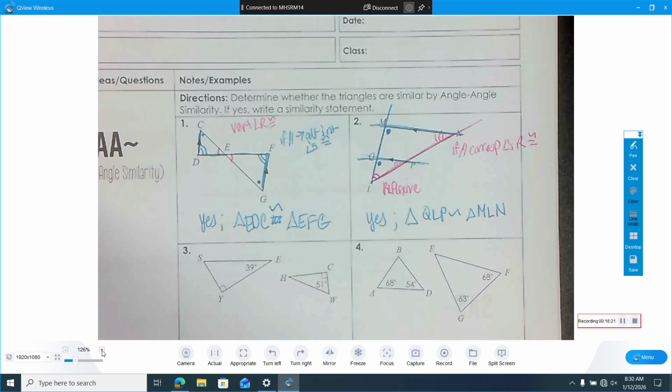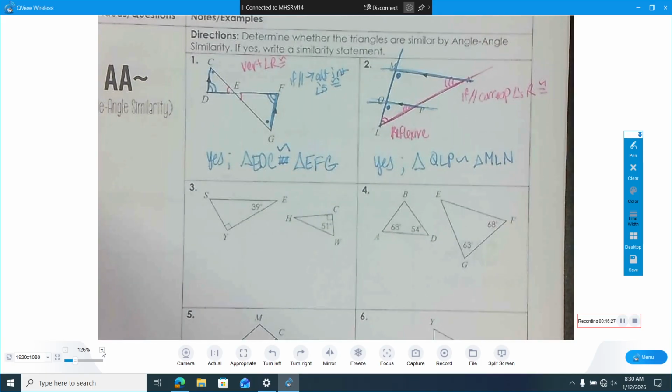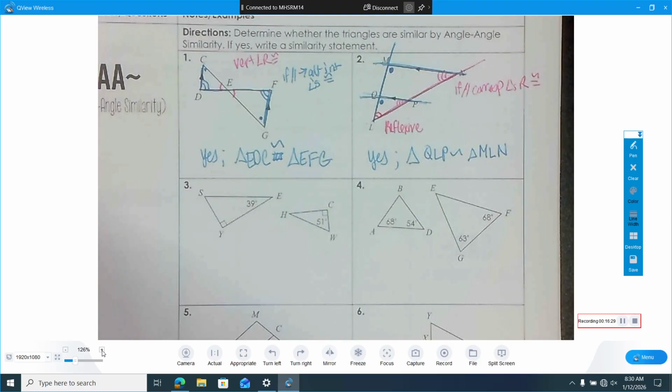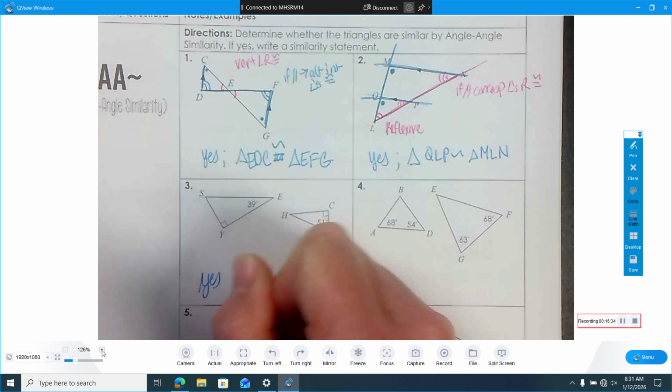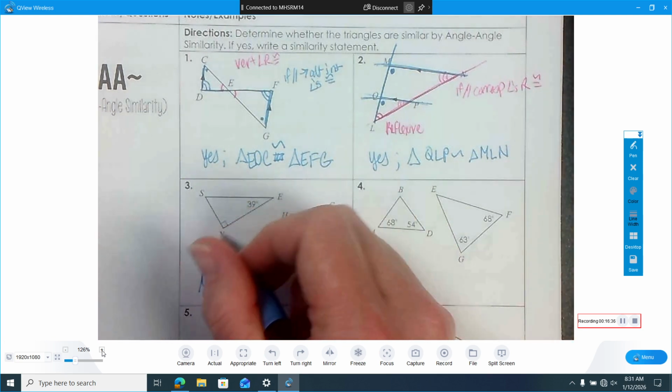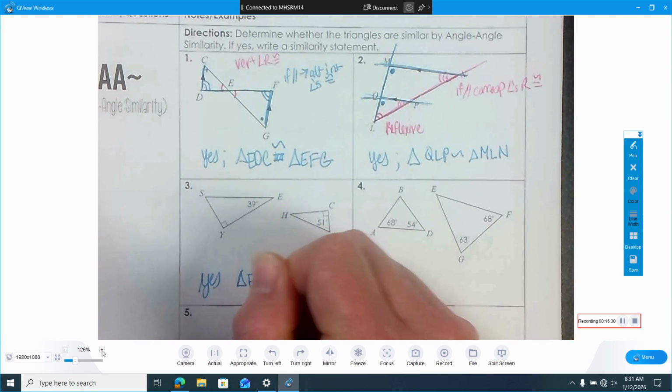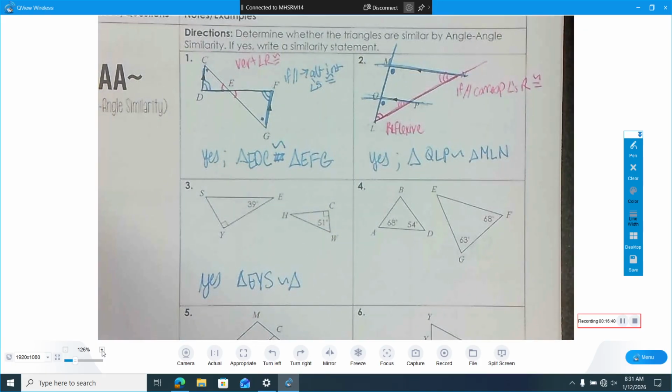Triangle QLP is similar to triangle MLN. All right, let's look at number 3. Are they similar? Yes. Let's see. Triangle EYS. EYS is similar to triangle what?